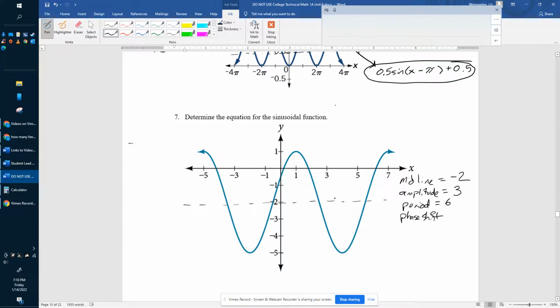And our phase shift. Well, this one's a little bit more difficult to figure out because we're not sure if we're talking about sine or cosine. But let's pick one, because there are actually technically two answers to this question. Let's say that we're talking about sine. Then the midpoint would have to be here. So it moved to the left about 1/2.